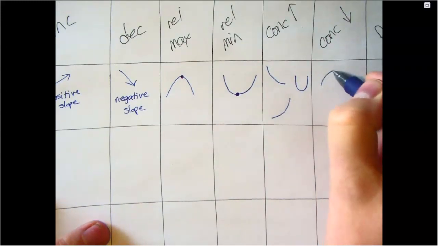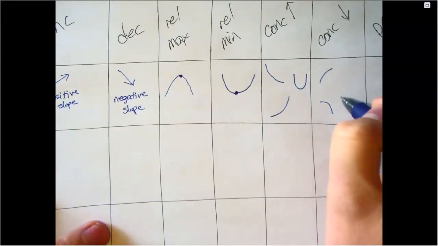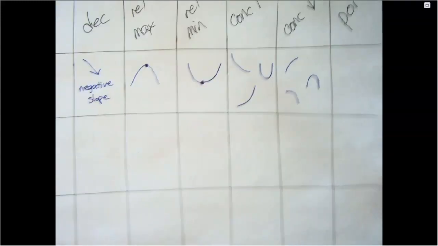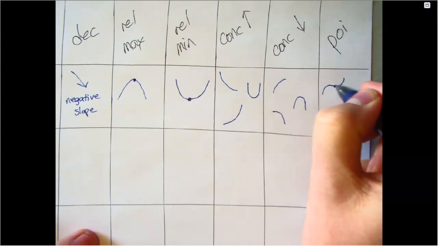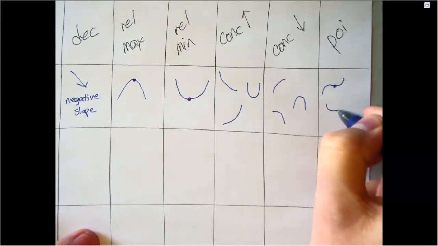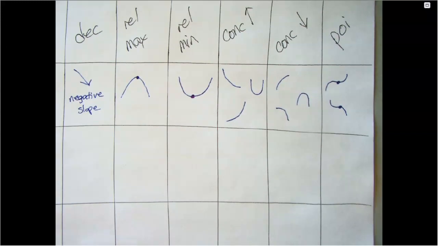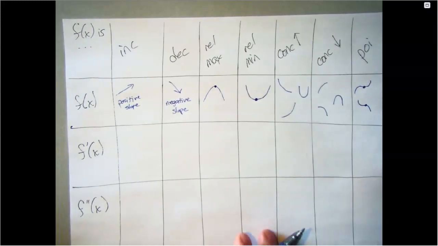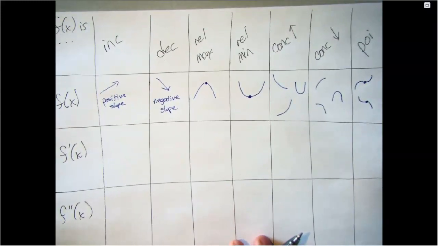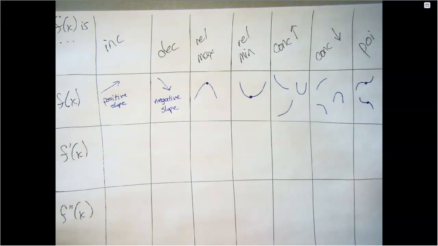Concave down, the separate pieces look like that, or if you combine them, an N shape. And a point of inflection would be where we switch from concave up to concave down. So that's just sketching out what those things mean on the original graph. I think that's pretty straightforward. Those all fair enough?